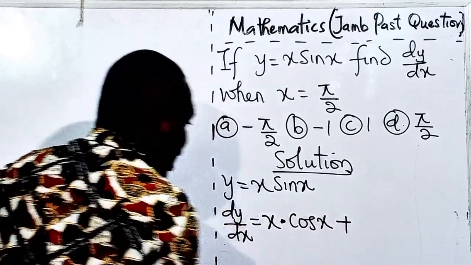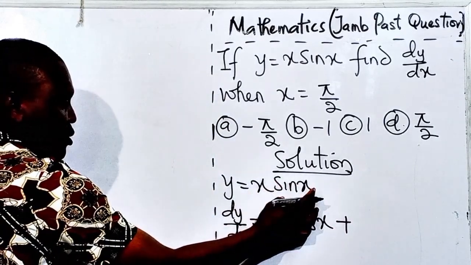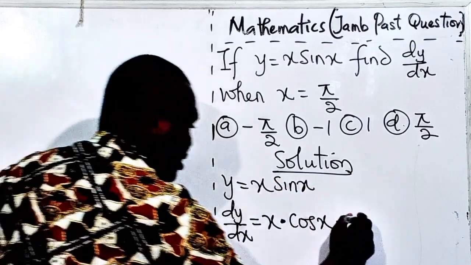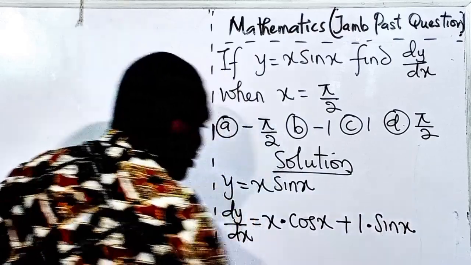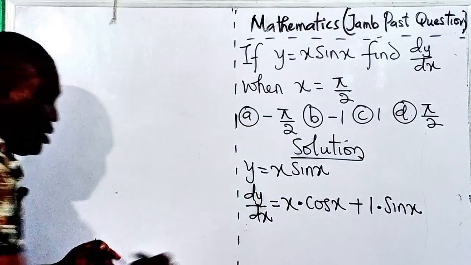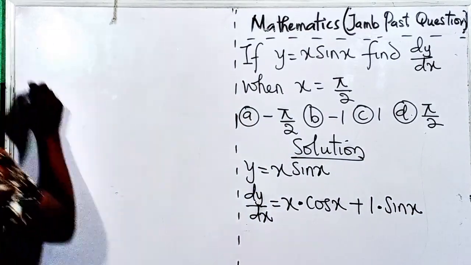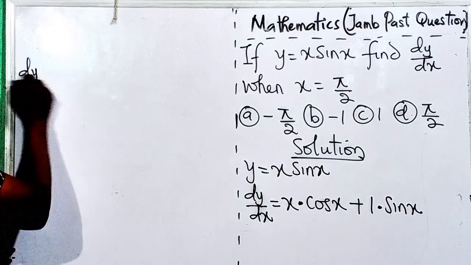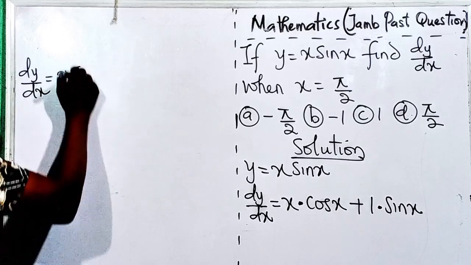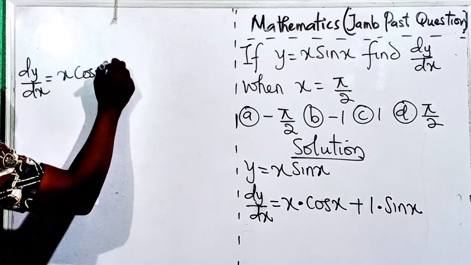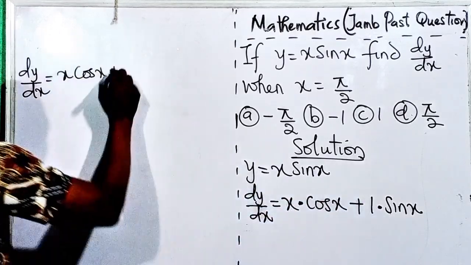Plus, I will not differentiate x and leave sine x. So differentiate x, that gives us 1, and then I will leave sine x. Are you following?